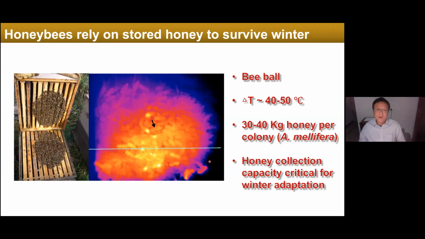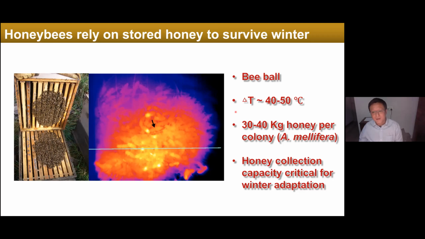And how did they do that? Apparently they did that by forming a bee ball, and all the individual bees kept vibrating and generating heat, so that the temperature difference between the core of the hive and the ambient temperature could be as high as 40 to 50 degrees. And this is a very amazing adaptation.